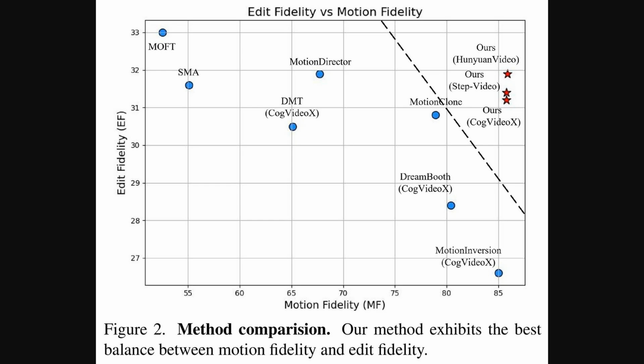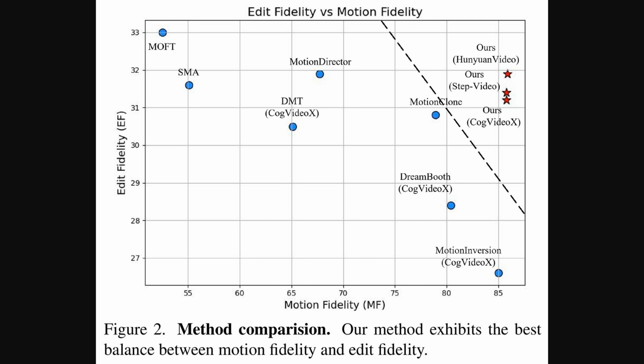Okay. So building on those visual examples, Figure 2 gives us a more quantitative comparison. This chart plots different methods based on two key metrics, edit fidelity, or EF, on the vertical axis, and motion fidelity, or MF, on the horizontal axis. Now, edit fidelity basically measures how well the AI keeps the appearance of the subject and the scene consistent after applying the new motion.